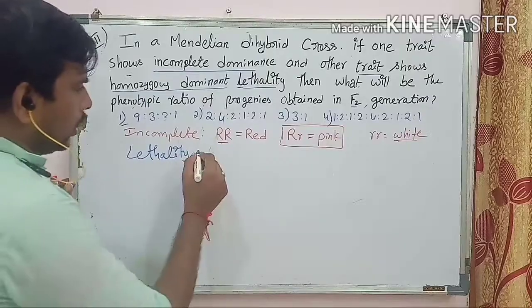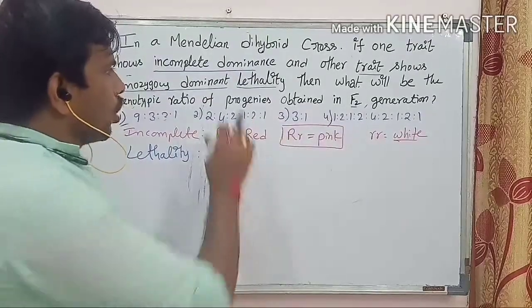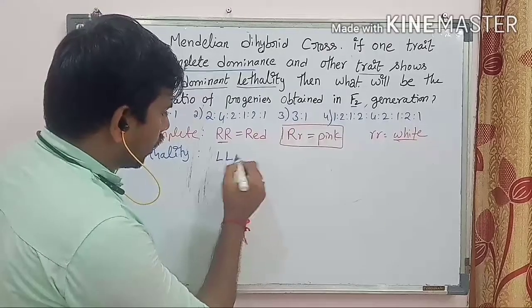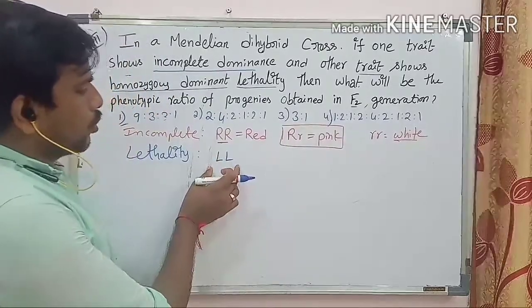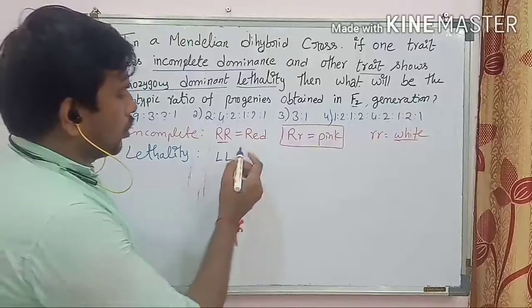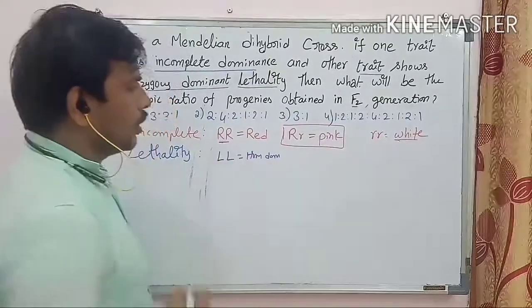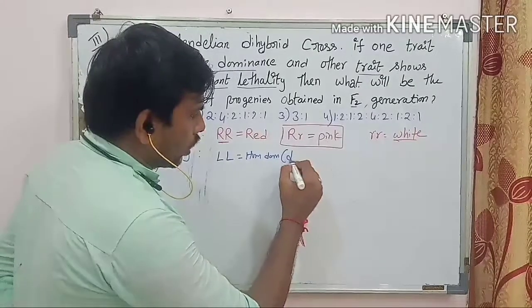Homozygous dominant lethality. For this allele we take capital L. When both alleles in the gene are dominant, capital L, capital L, this is homozygous dominant, so the organism will die in this condition.